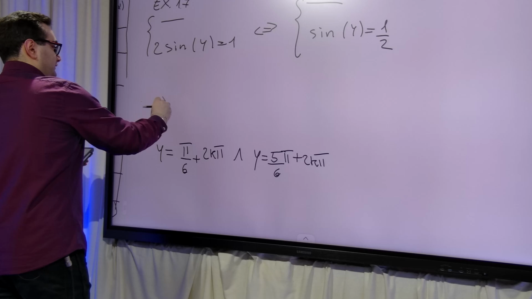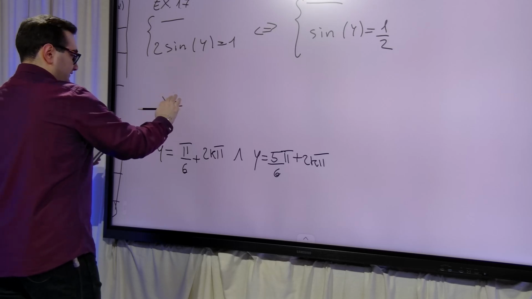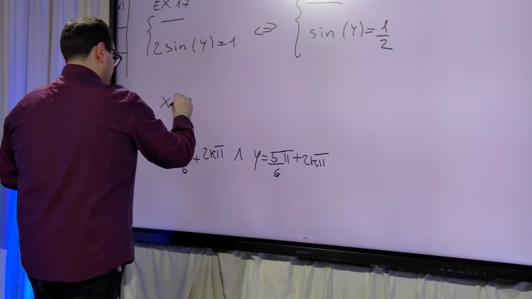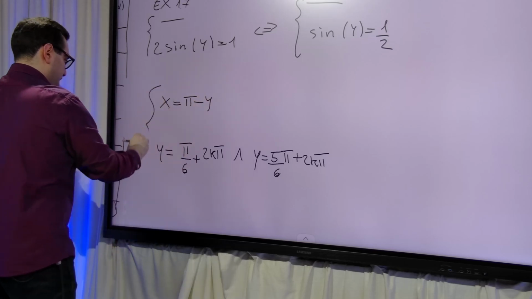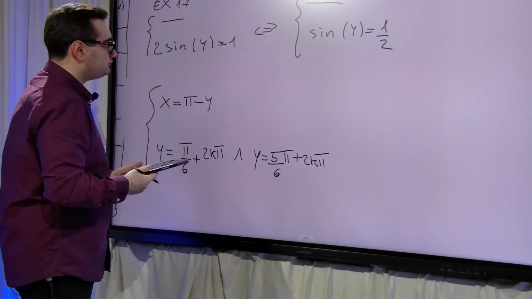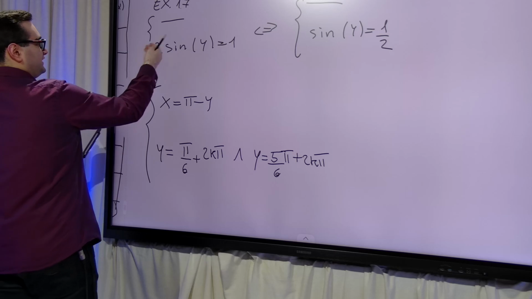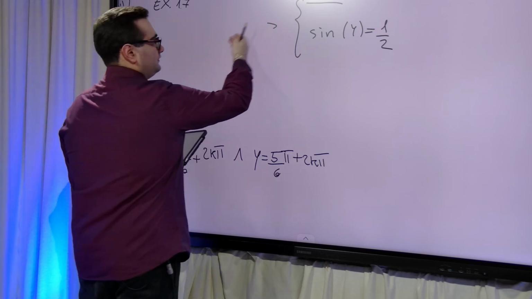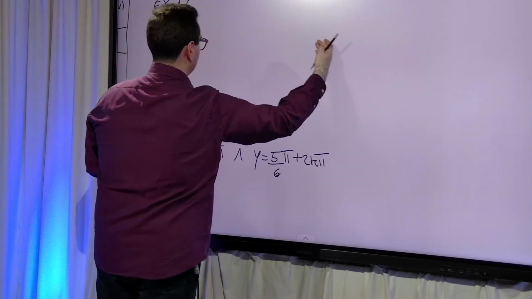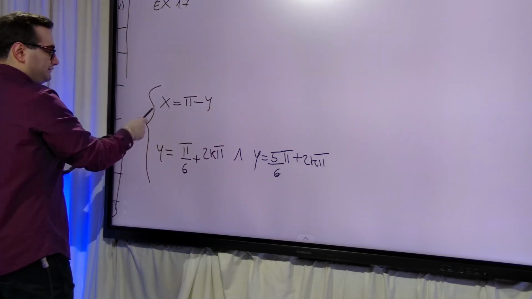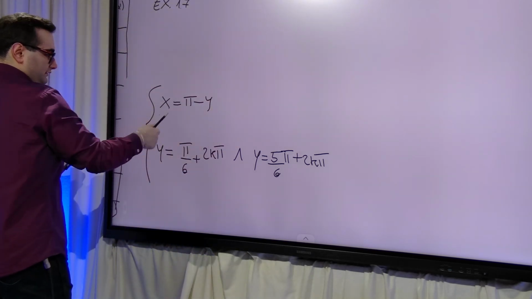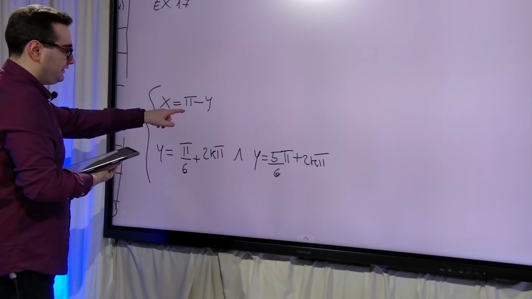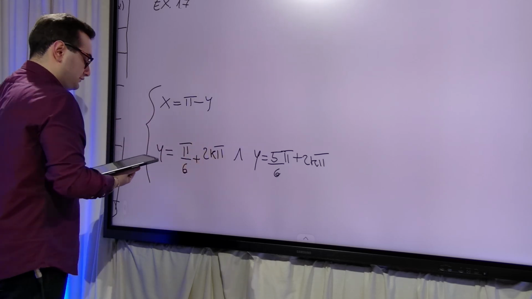Now, I recall that the previous equation, the first equation, was this one. So, just by computing some simple math, I can obtain the value of x. So, x is pi minus each of these solutions.